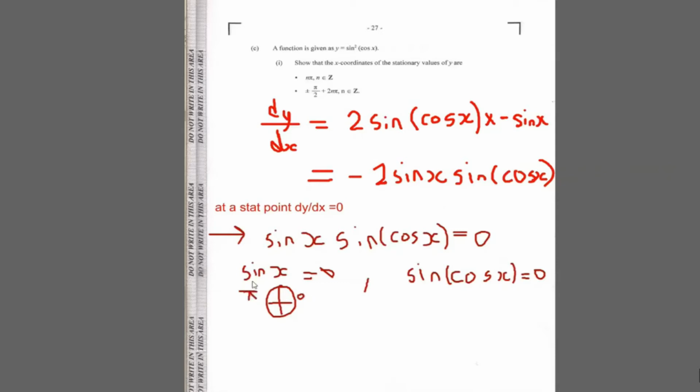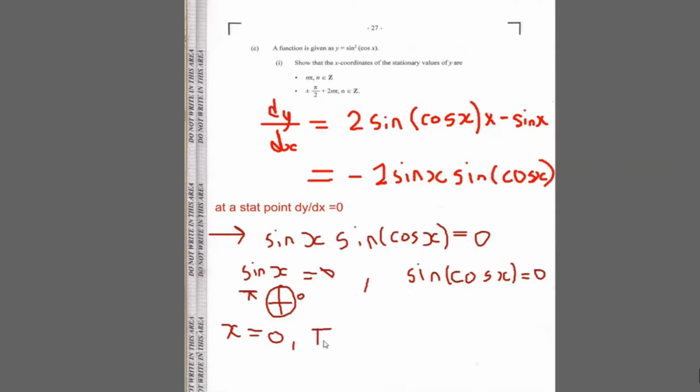So we're getting that the general solution, the x-coordinates of the stationary values of y, this is telling me that x equals 0, or x is equal to pi.